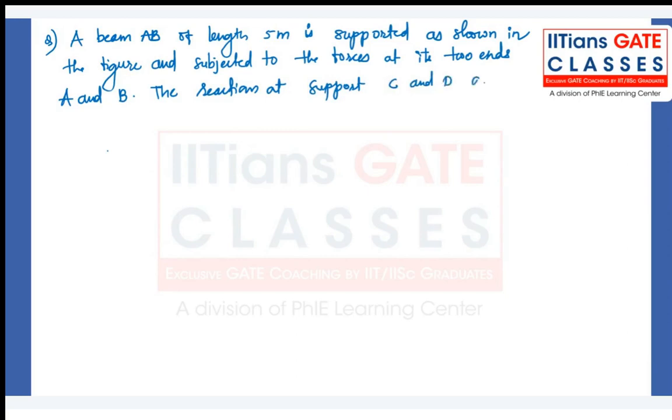Okay, so they have given a beam AB, and the length of the beam is 5 meter, supported at both the ends. 600 Newton, 600 Newton.